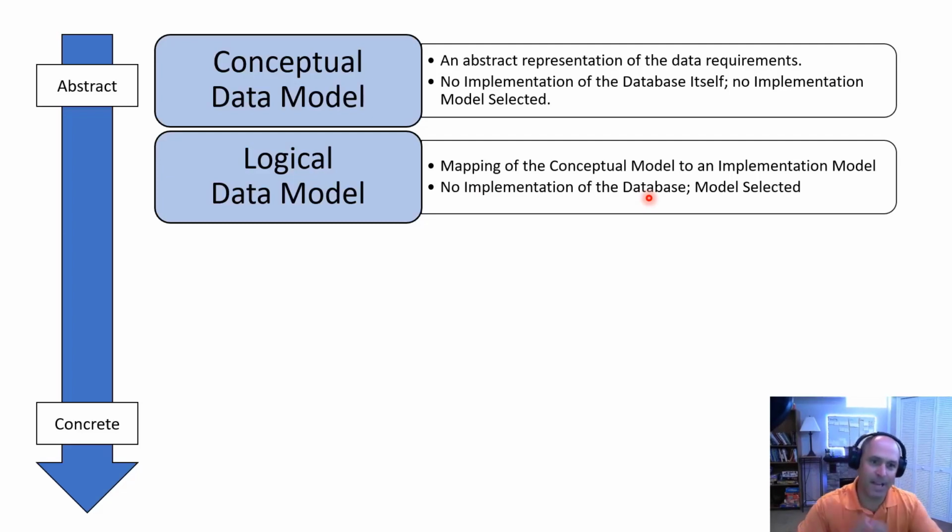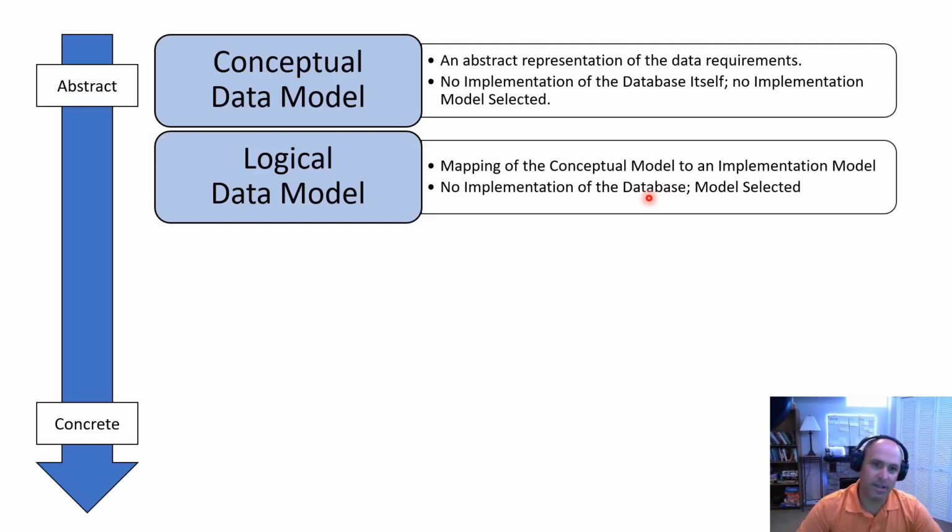So going back to my shed analogy, this would be like making a Google SketchUp or a CAD drawing, or even a blueprint of your actual shed. You would know the materials that you needed, you'd know the dimensions of the lumber, you'd know exactly the size of the shed and how many 2x4s and how many pieces of paneling and how many squares of shingles you'd need to complete the project. You'd know all of that stuff at this point, but you would not have built the shed.